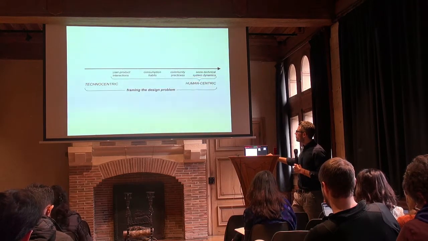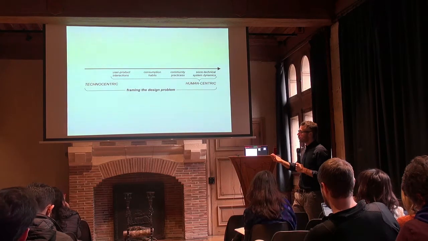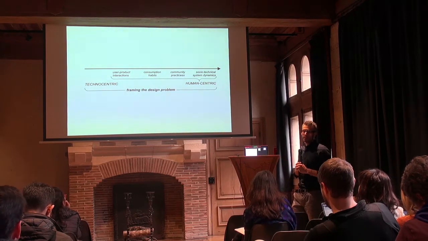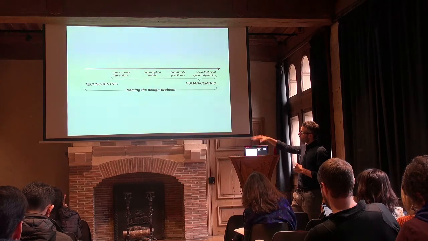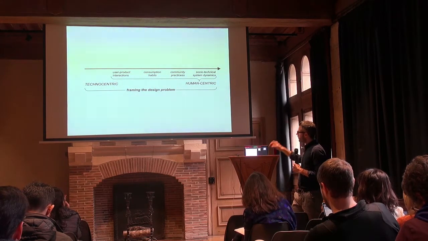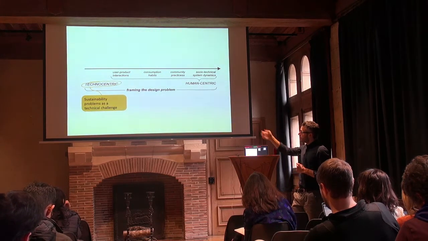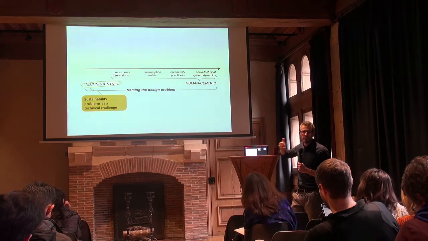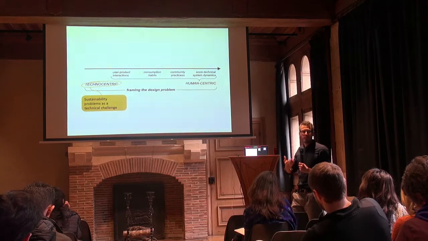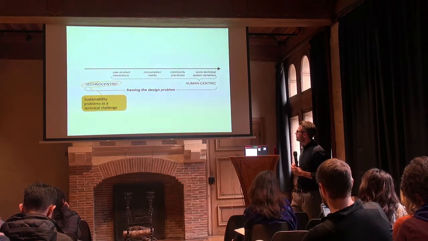The other important dimension that characterizes design for sustainability is how the design problem has been framed. There has been a sort of shift from technocentric approaches to human-centric approaches. On one hand, we have design interventions in which sustainability is mainly seen as a technical challenge, so we talk about improving efficiency, replacing materials, and so on.